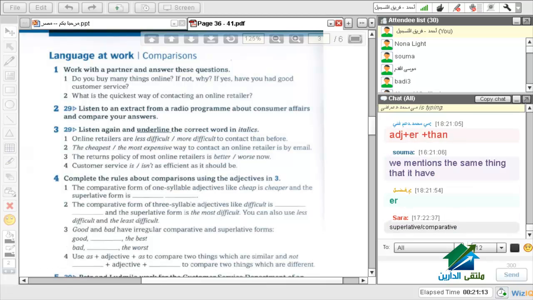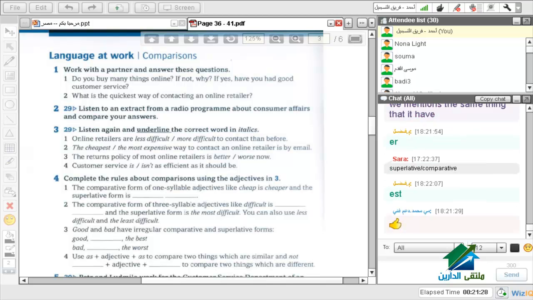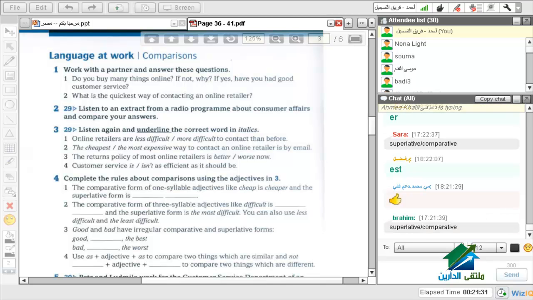Good job, Sarah. Sarah, the best answer here, superlative and comparative. The comparative one, when you compare between two things or two persons, that we call comparative.